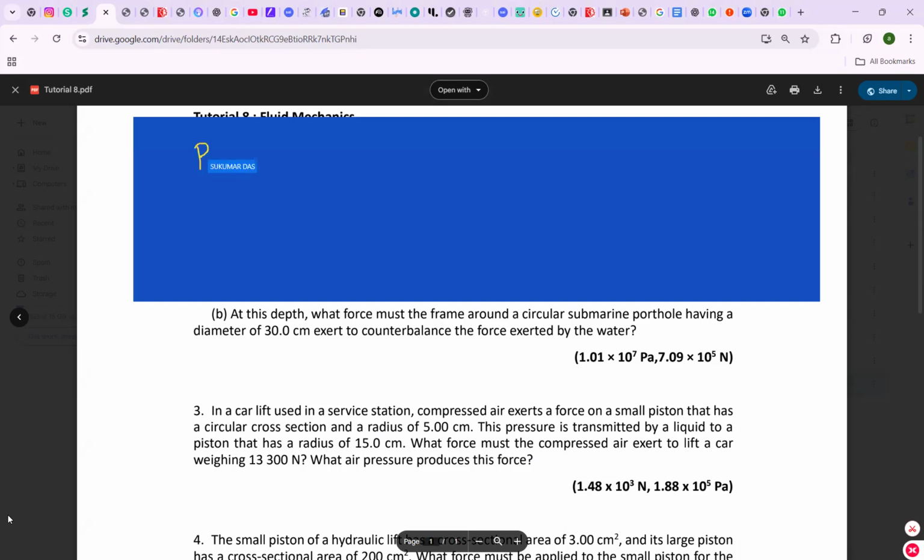Okay. So our pressure was 1.01 into 10 to the power 7 Pascal, and our area is pi r square, that means 3.14 into 0.15 square, right? So force is equal to pressure into area.